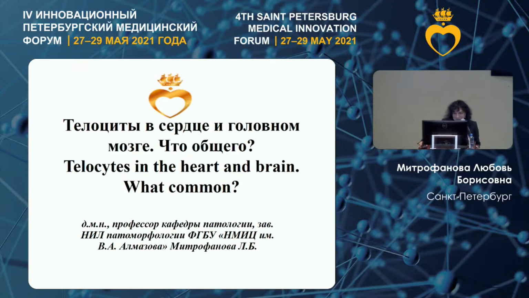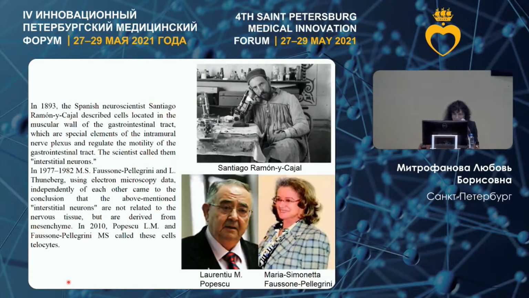And from the point of view of fundamental science, and today's presentations are in the field of fundamental science, the cells were discovered yet in 1893 by Cajal. He thought these are interstitial neurons. These cells are responsible for contraction of the GIT, gastrointestinal tract.